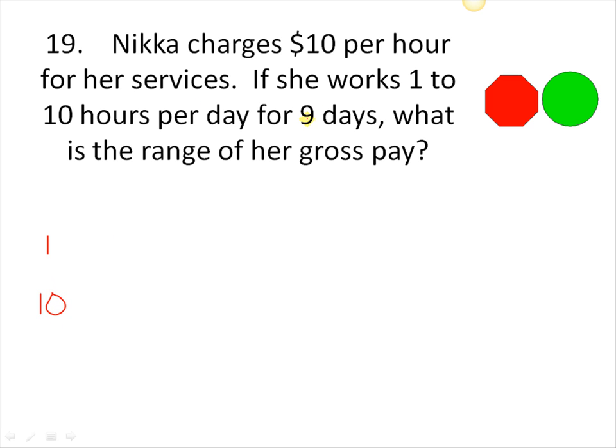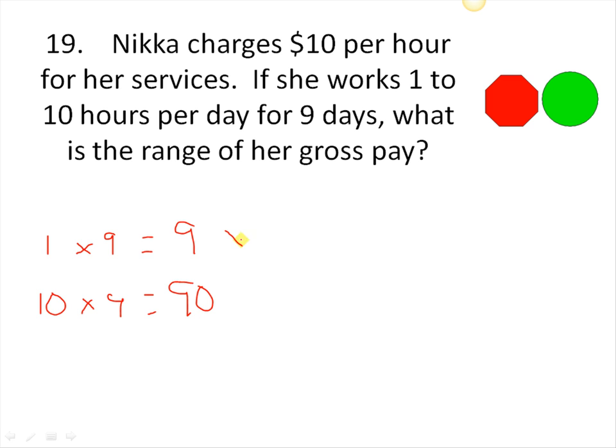And she's going to work for a total of 9 days. So we can multiply both of these times 9, and we wind up with she either worked 9 hours or she worked 90 hours. So the range of the time that she worked was either 9 hours to 90 hours.